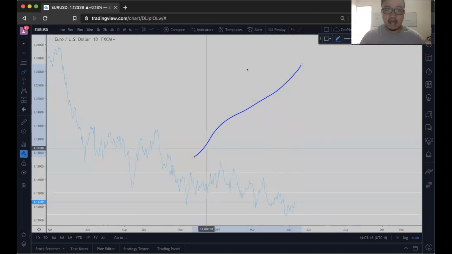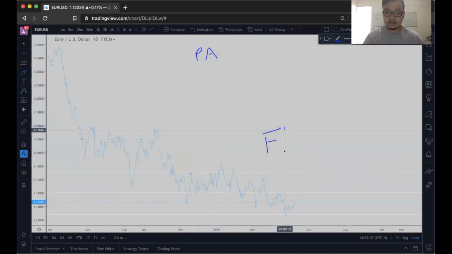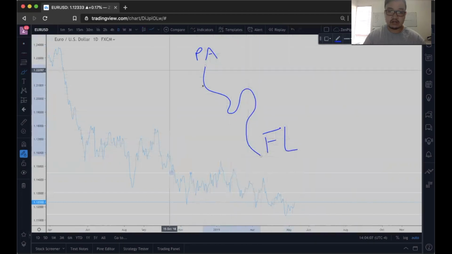PA is right here, and Florida is down here. This is the route. During this route, we have a bunch of on-ramps and off-ramps. You have to find the best on-ramp to take to get to your destination.